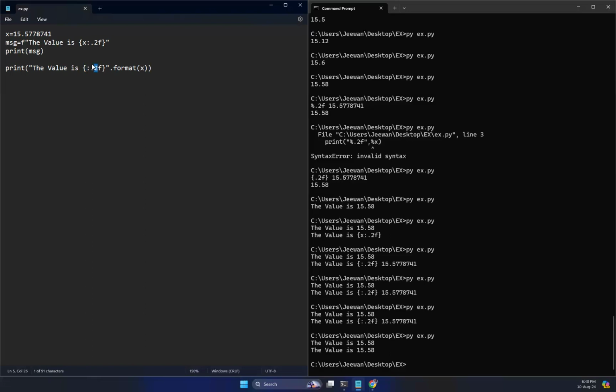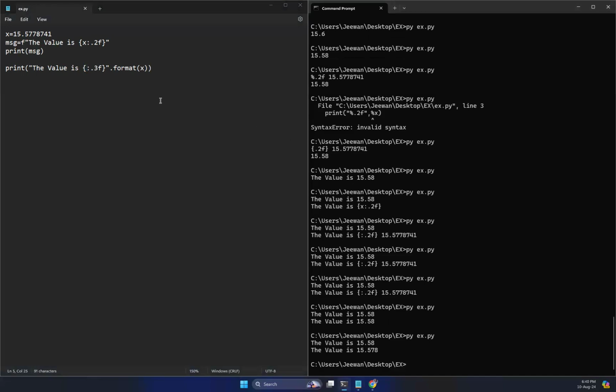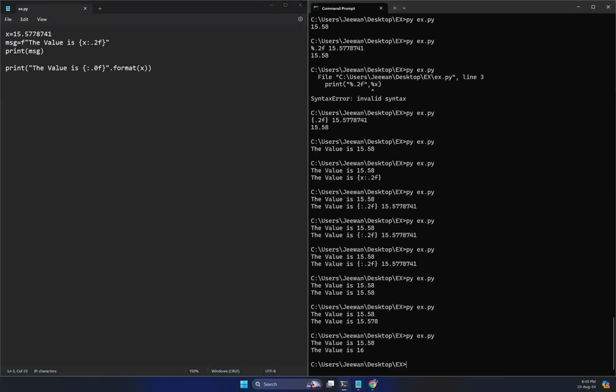If you want, you can have 3f. What if I have 0f? Can I have 0f? Try out by changing these values. Then you can see it will round to the next value. This is how you deal with that.